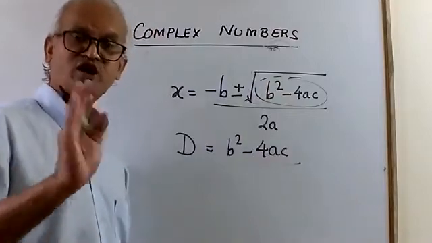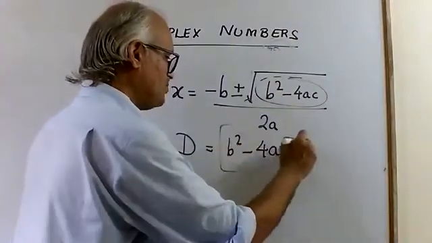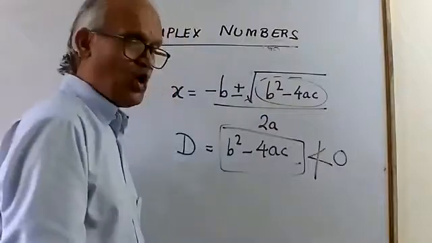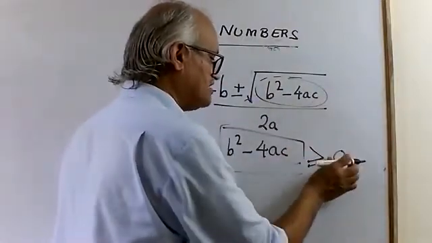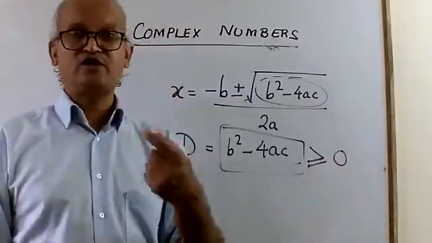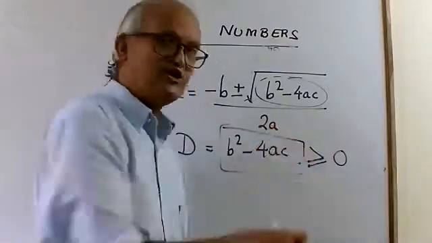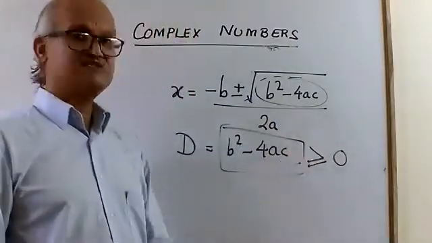In other words, it is not negative. So you were taught that b square minus 4ac is not less than 0, or in other words, it is equal to or greater than 0. When it was equal to 0, it gives you equal roots, and when it is greater than 0, it gives you real roots, but it is not less than 0.